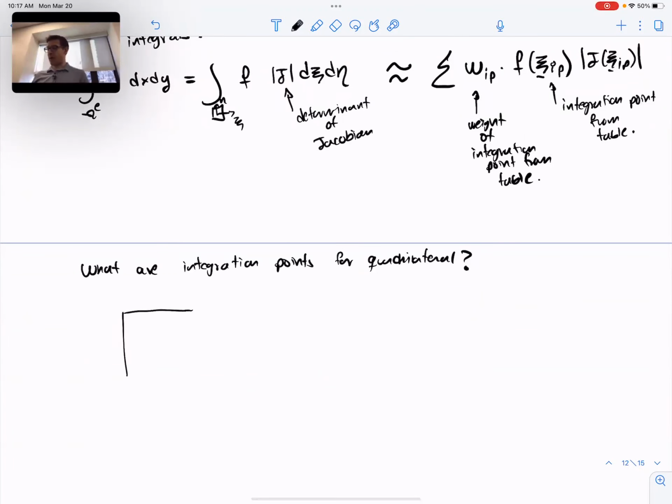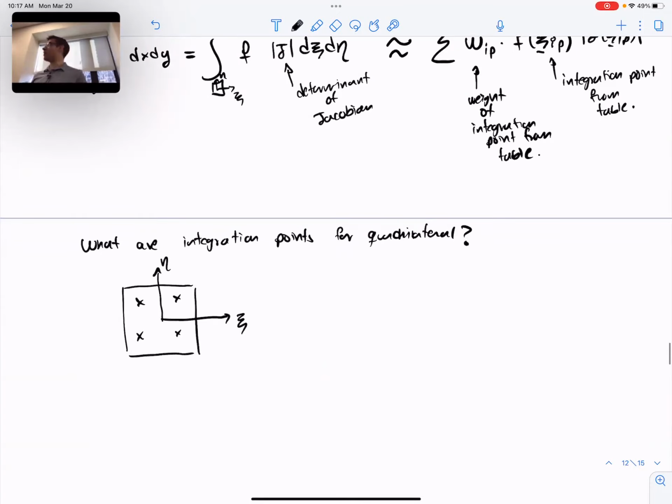They're actually very similar to what you have done in 1D. So for the quadrilateral, the integration points are these 4 points right here. Each of them has weight 1. This point right here is the same as before, from 1D. This is minus 0.577, minus 0.577. That's the first integration point.